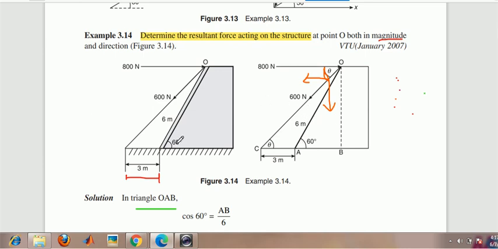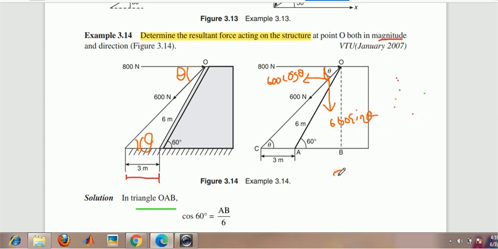You can observe, we have found this theta and this is the same by alternate angles. Therefore the inclination is theta only. So the horizontal component of 600 is 600 cos theta, where theta is the 40 degrees we have obtained, and the vertical component similarly is 600 sin theta.